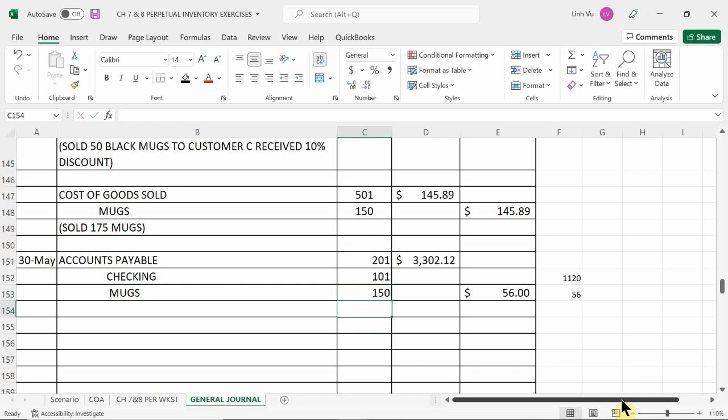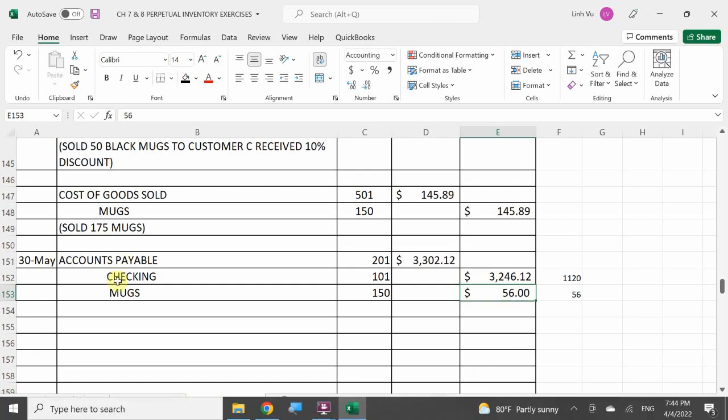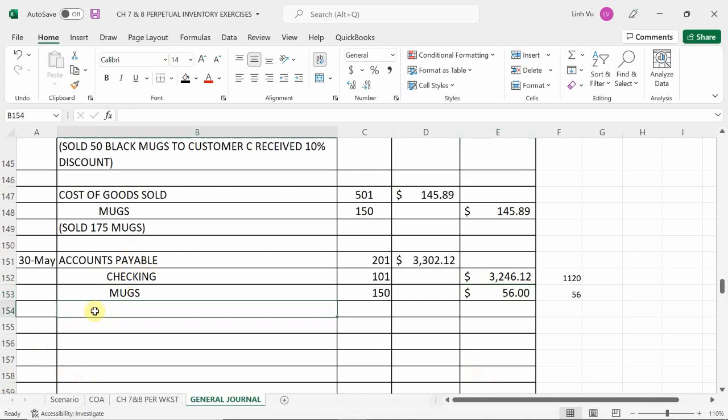I paid a discounted price. So I need to subtract $56 from my inventory. Then I figure out how much I actually need to pay by subtracting these two numbers. That means I'm going to pay $3,246.12, because I'm taking out that $56 discount.